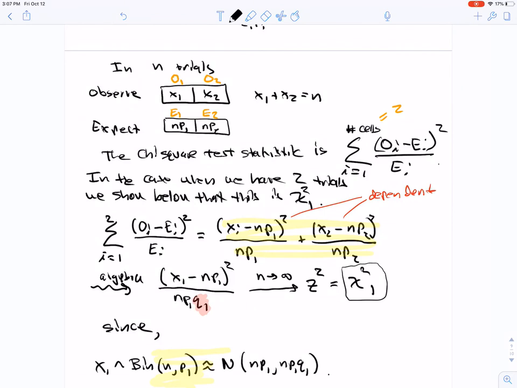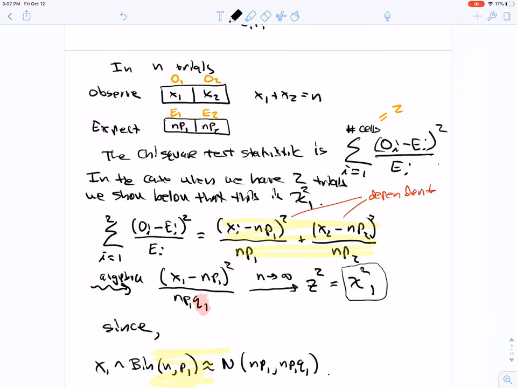So now the chi-squared statistic is the sum over all the cells. We have two cells in this case, where we take (Oi minus Ei) squared over Ei. This test statistic, I'm going to show, is, as n goes to infinity, a chi-squared with 1 degree of freedom, so 1 less than the number of cells.